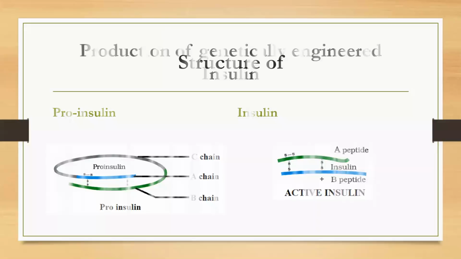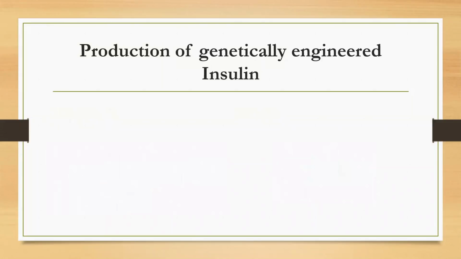Now let me explain the production of genetically engineered insulin. Genetically engineered insulin means artificial synthesis of insulin by using genetic engineering. See, in the older days, diabetic patients were treated by using insulin isolated from cattle as well as pigs.